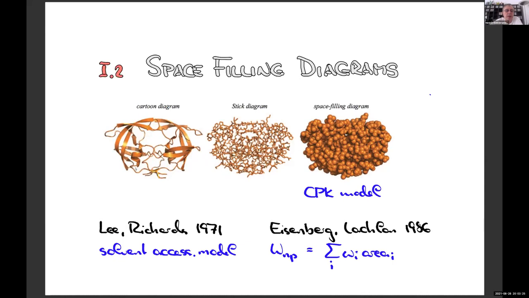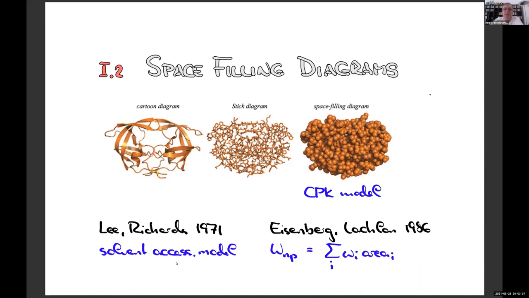And very common in publications is the cartoon model, which is kind of a sketch of the way the protein is connected as a backbone with trees hanging off. That gives you a little bit of an internal structure that is maybe hidden in the space filling diagram, which shows you more how the protein interacts with its environment. The solvent accessible model, which is a particular space filling diagram, is due to Lee and Richards.